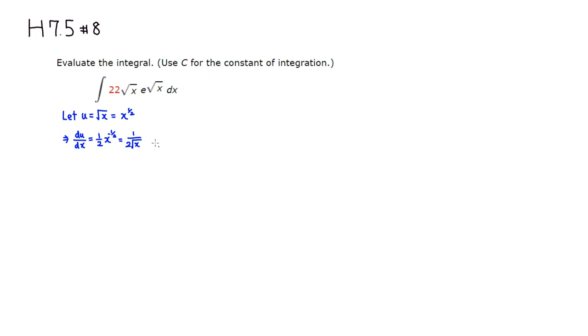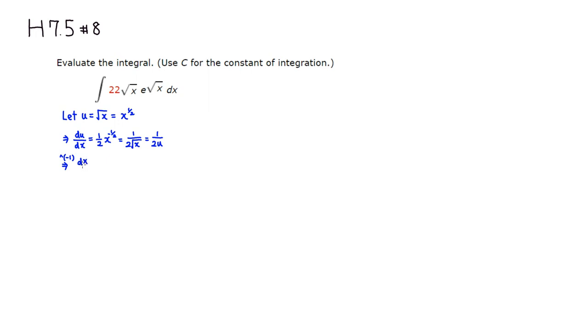The next step is that we can also replace square root of x by u. So it's going to be 1 over 2 times u. We are interested in finding an expression for dx, so I'm going to take the reciprocal of both sides.